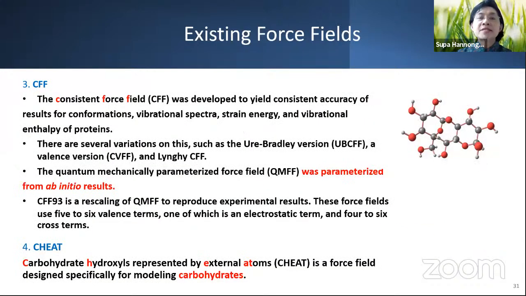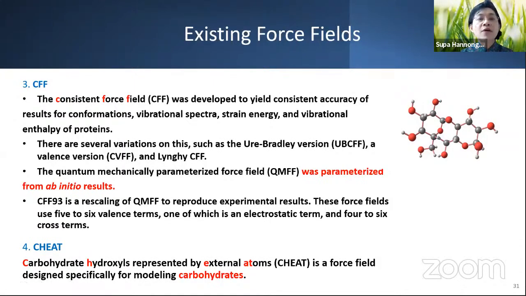Another existing force field that I would like to introduce to you is the CFF, the consistent force field. This force field was developed to yield consistent accuracy of results for conformations, vibrational spectra, strain energy, and vibrational enthalpy of proteins.